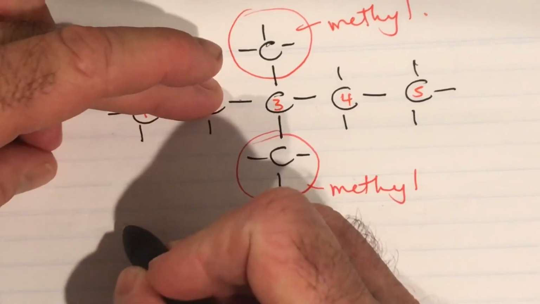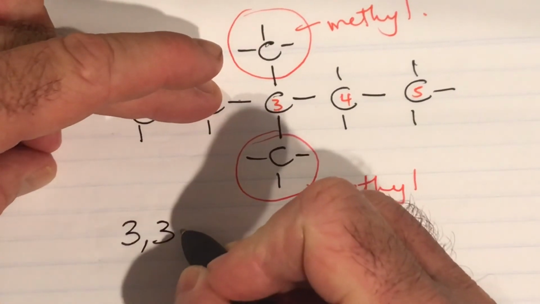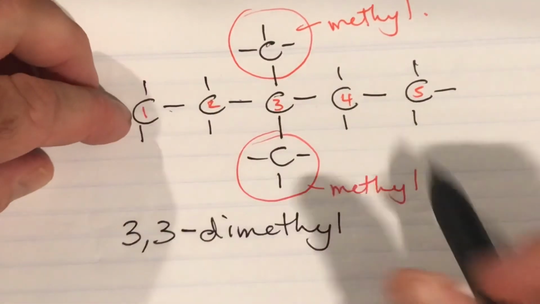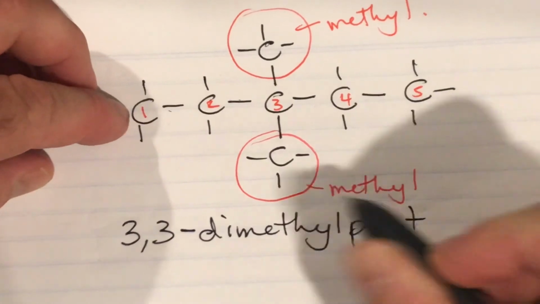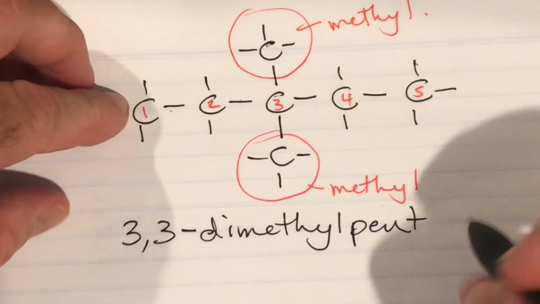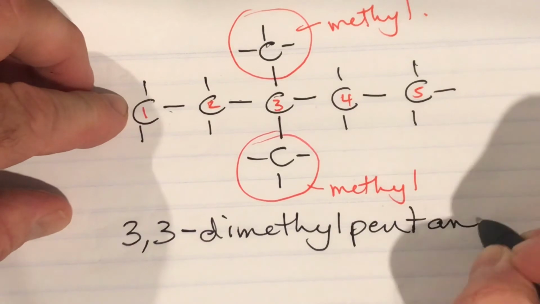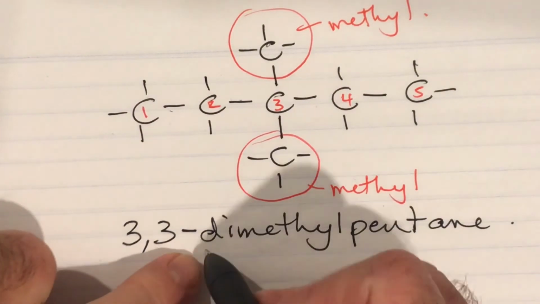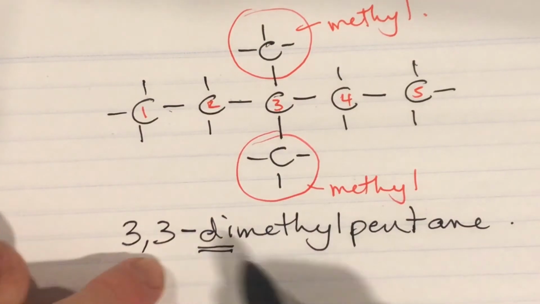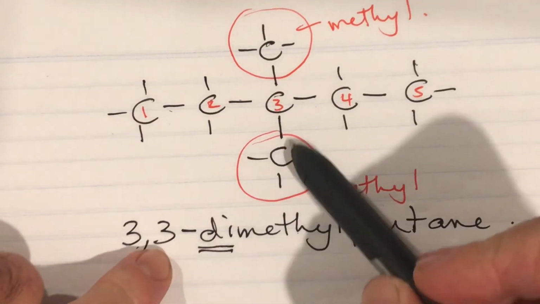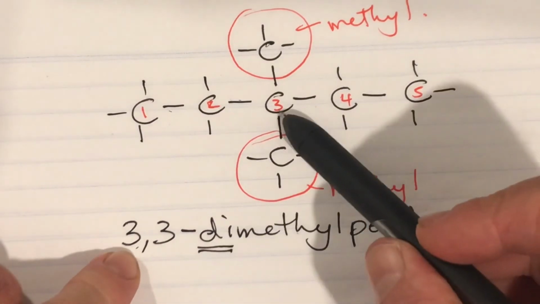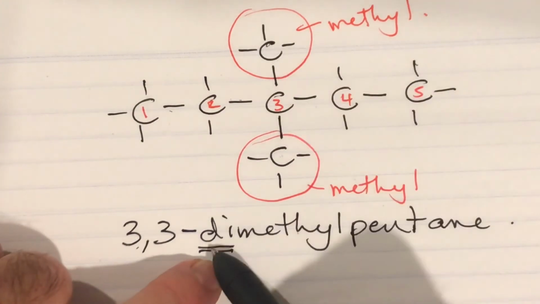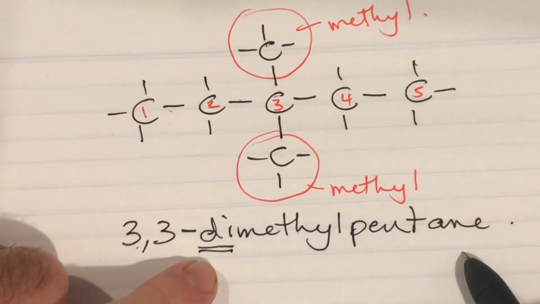So that would be called 3,3 dimethyl pentane, because they're all single bonds, no double or triple bonds. 3,3 dimethyl pentane. The multiplier is the di part, and both methyls are attached to the third carbon. 3,3, two of them, so dimethyl pentane.